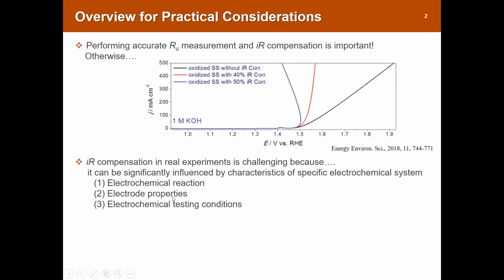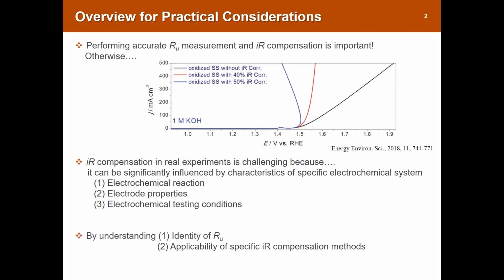And also electrode properties and electrochemical testing conditions, like what potential is applied, what the current is, or how long we operate, can actually affect the RU value we measure and can interfere with the IR compensation. So I'm going to briefly touch on those examples.